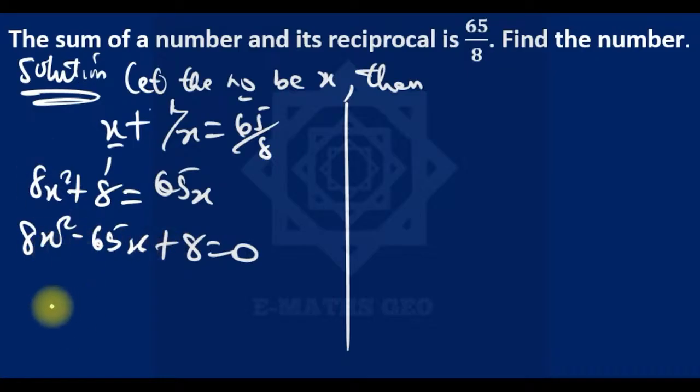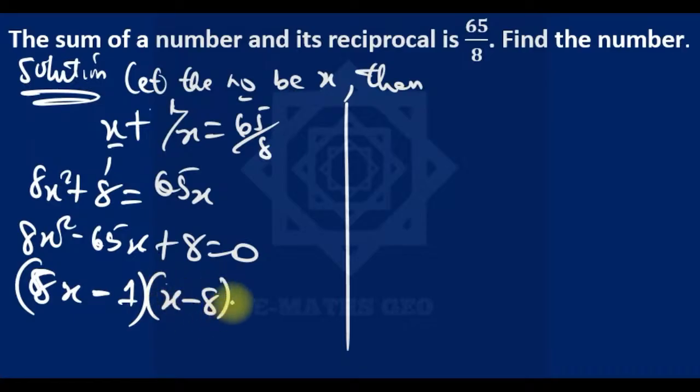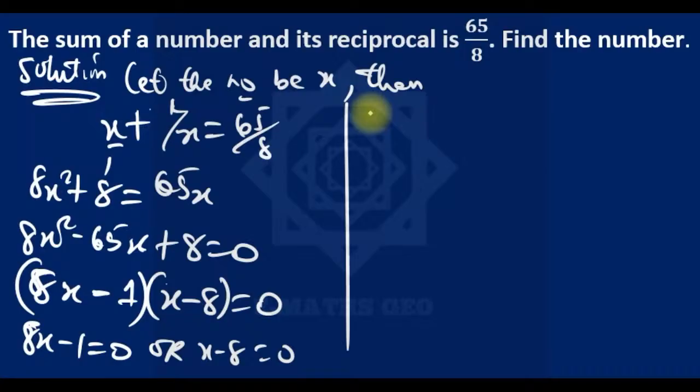So we form a quadratic equation which could be factored as 8x minus 1 and x minus 8. If you open this up, we'll get back this. The product of two numbers to be 0 means that one of them must be 0. So either 8x minus 1 is 0 or x minus 8 is 0, which implies that the numbers are x equal to 1 over 8 or 8. So anyone could solve.